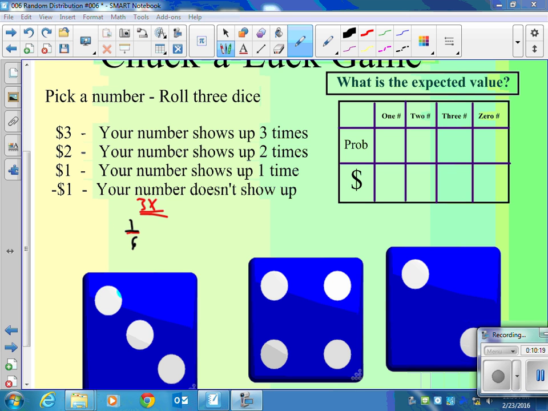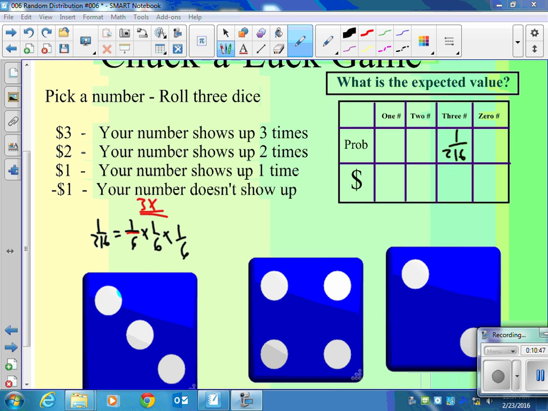Then, what's the chances of this one getting your number? 1 out of 6. And what's the chance of this one getting your number? 1 out of 6. So it's this, then this, then this. What do we do in between? Multiply. And so that's going to give me 1 out of 216. So if I want to get 3, the probability is 1 out of 216.